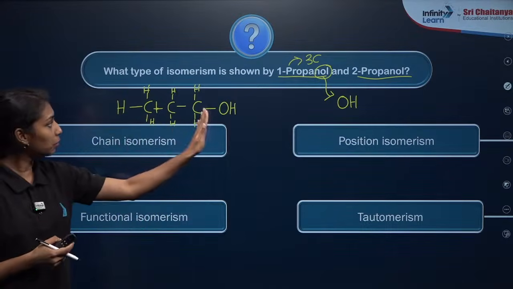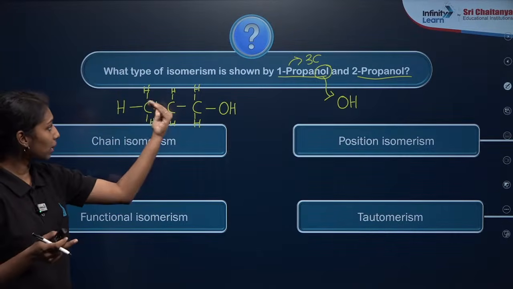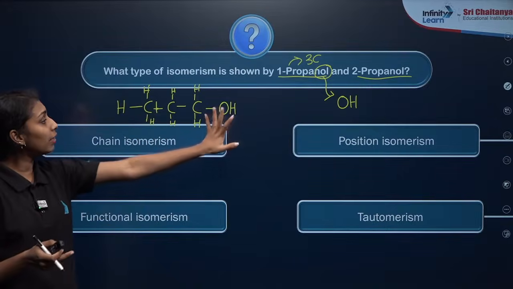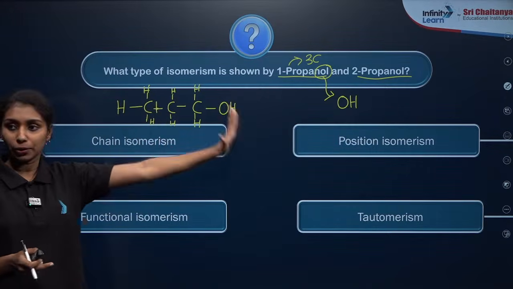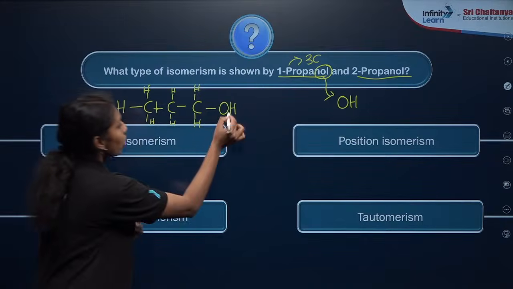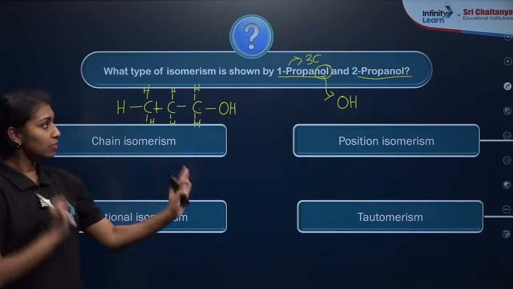The 3 carbons have 4 valences each, the remaining valences are satisfied with hydrogen, and one of them will be the OH group. That is the structural formula of 1 propanol, which means the OH group is present on the first carbon. That is why it is 1 propanol.